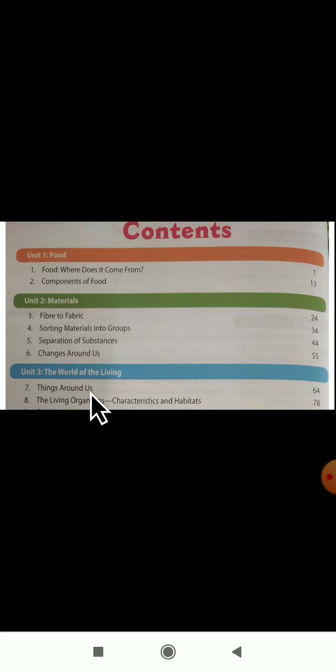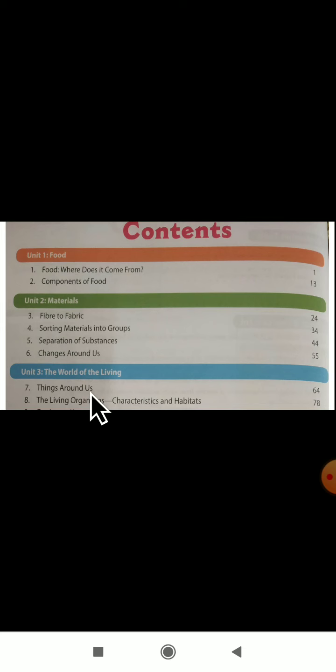What are the characteristics of living things? Then what is a cell, a tissue, and what are unicellular organisms and multicellular organisms. All these things we will study in this lesson.